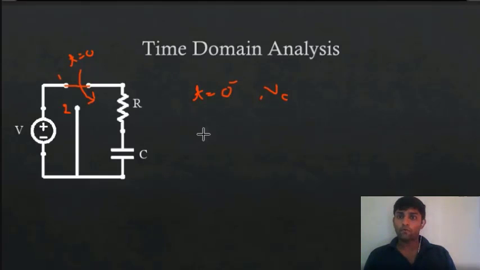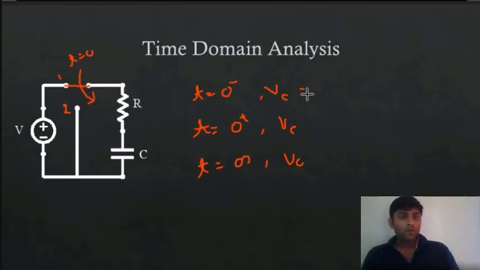What will be the voltage across the capacitor? What will be the voltage at t equal to 0 plus across this capacitor? And what will be the voltage at t equal to infinity? Please, so only Vishal is giving me the answer. Why are all the others not giving me the answer?